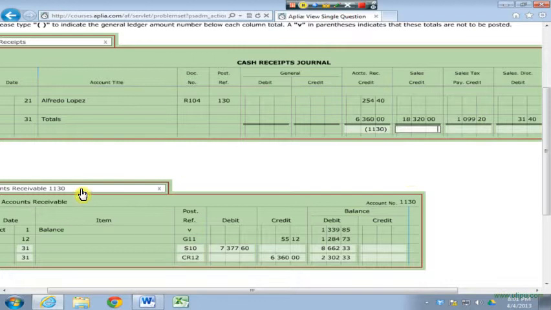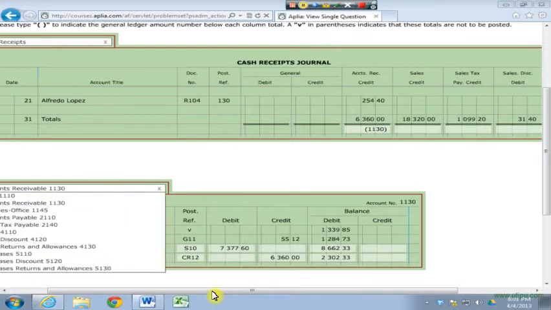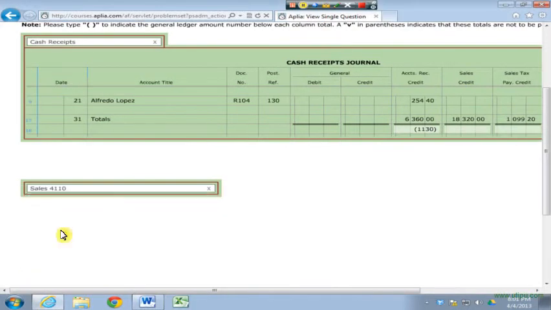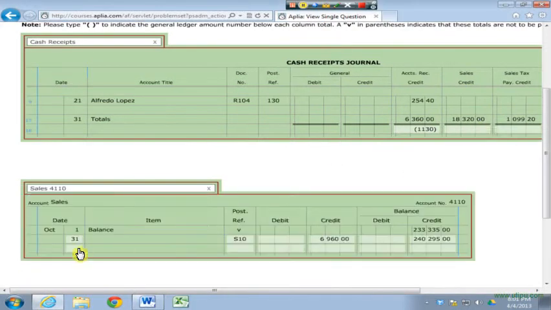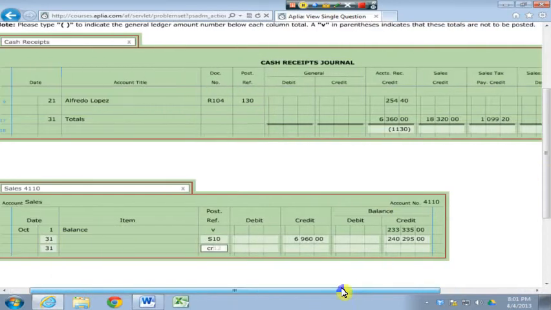Going to need the sales ledger. Okay, walk us through this one. We're going to put the date of the 31st because that's the end of the month. Post reference, it's a CR, was it 12? This is a credit column, so we're recording it in the credit.